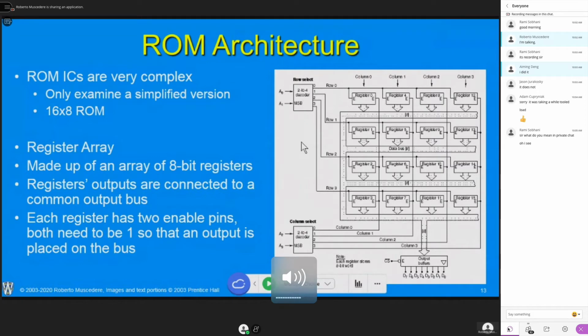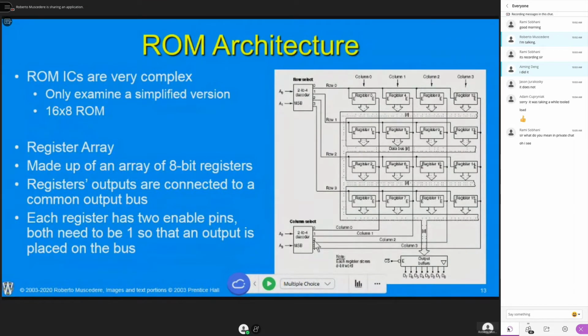Now, of course, there's other tricks we use in the real world, but this is kind of the way it's done. So each register, therefore, has 2 enable lines on it. When both are active, then it outputs to the bus. So if A0 and A1 are both 0, output 0 is going to be a 1. This is going to be active, so all of these will have one of their enable signals on.